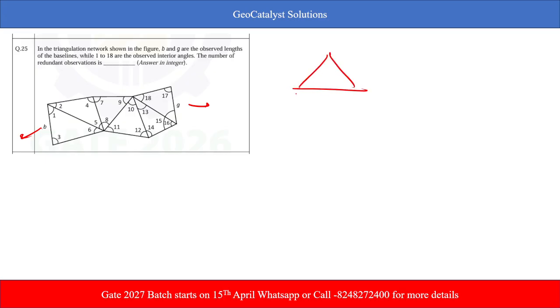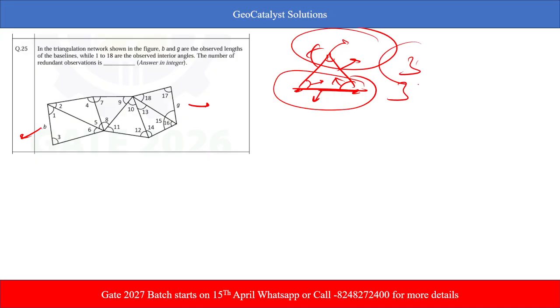For drawing a triangle, if you have two angles and one side, that length will be enough. Three measurements were enough, and the other three are redundant information, not required extra information.